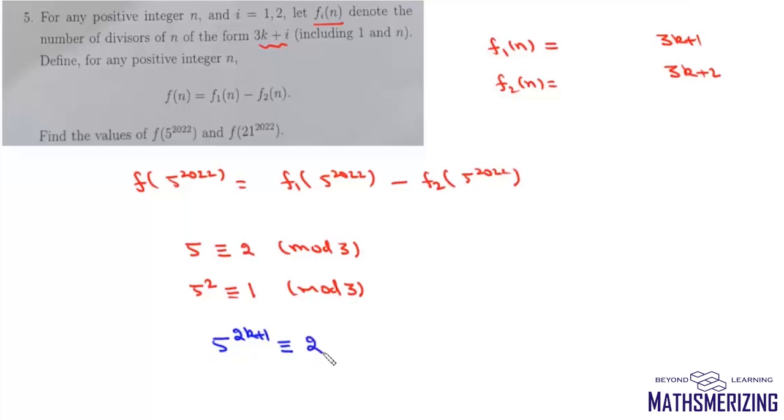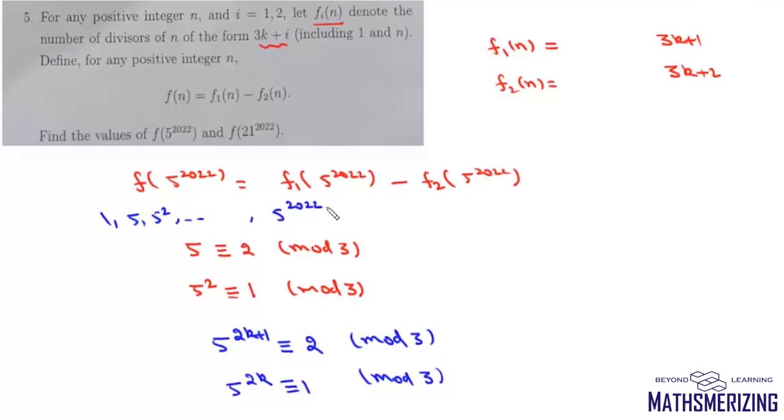So it will always be congruent to 2 modulo 3, and 5 to the power 2k will be congruent to 1 modulo 3. So if we look at all the divisors of this number, the divisors will be 1, 5, 5 square up to 5 to the power 2022.